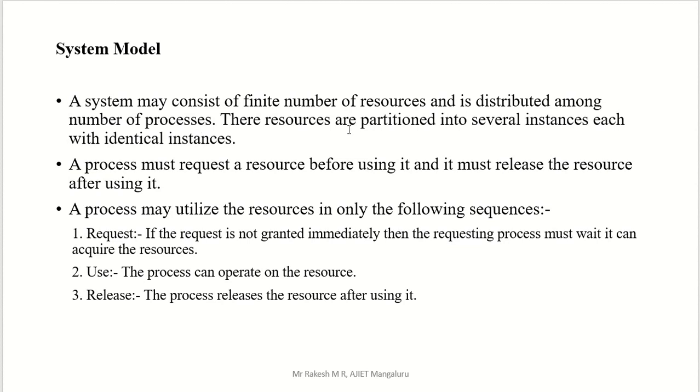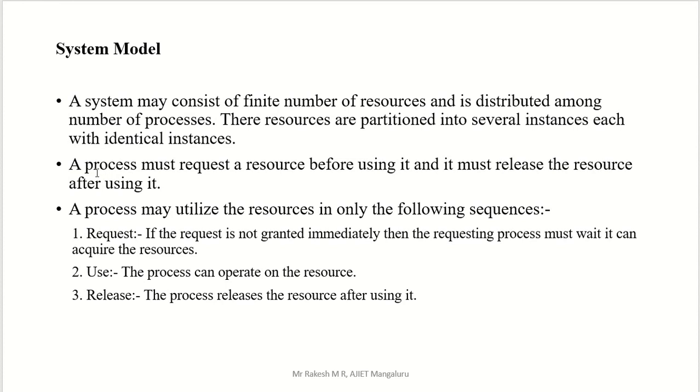That is called instance. So a system may consist of a finite number of resources, distributed among a number of processes, because processes need resources for execution purpose. That's why it is distributed among a number of processes. The resources are partitioned into several instances, each with identical instances.